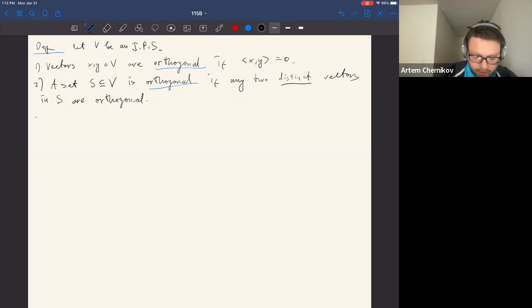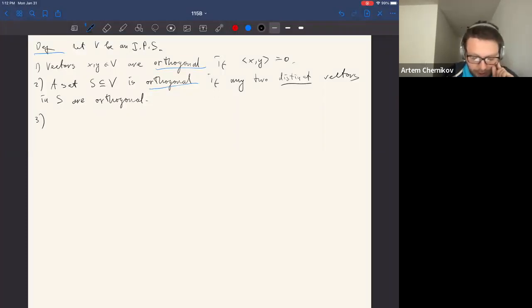Okay. So here we say distinct, of course, because any non-zero vector cannot be orthogonal to itself, because remember the inner product of x with itself is positive unless x is 0. Okay, so we have this.